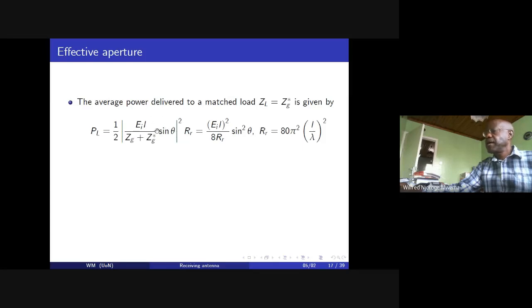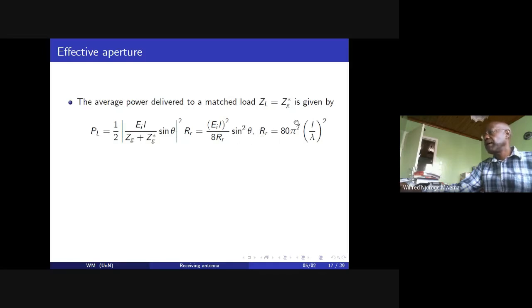And remember, we are looking for the component of E that is parallel to the antenna orientation, and we therefore use the sine of theta, over ZG plus ZG star, multiplied by the radiation resistance RR, and we get a value of E_I L over 8R, all squared, multiplied by sine squared theta.